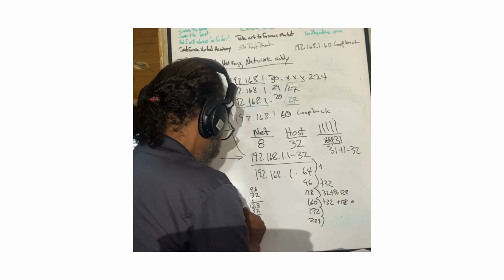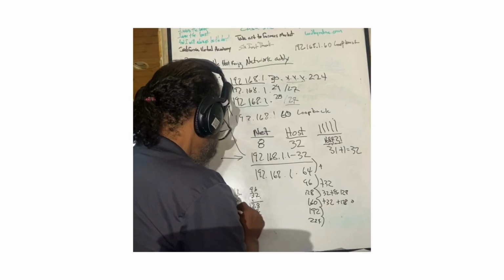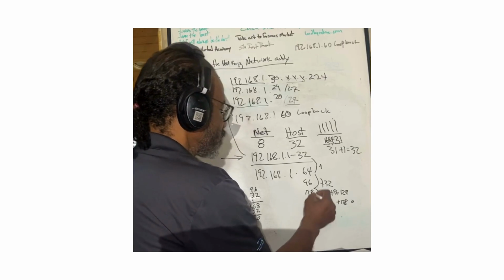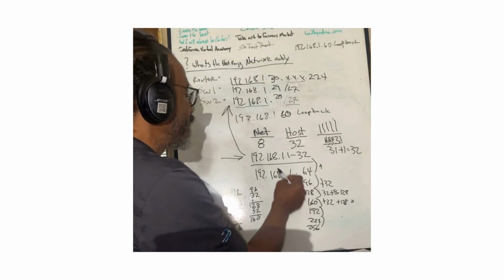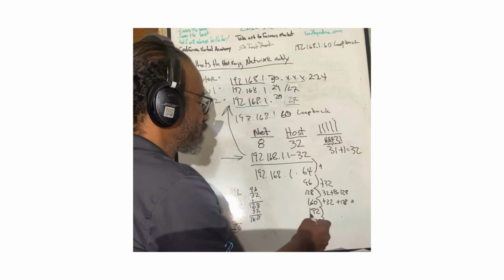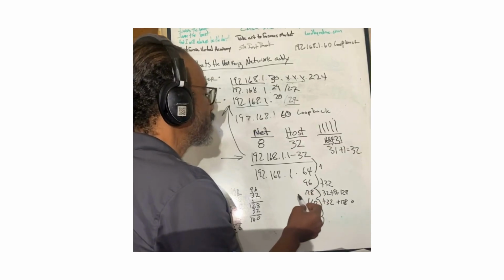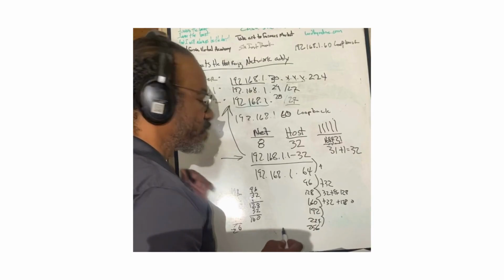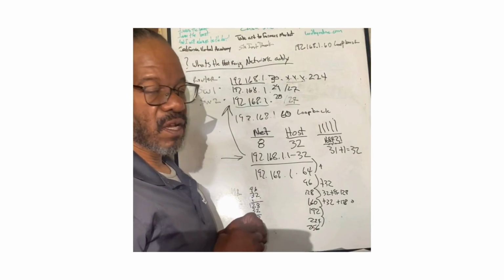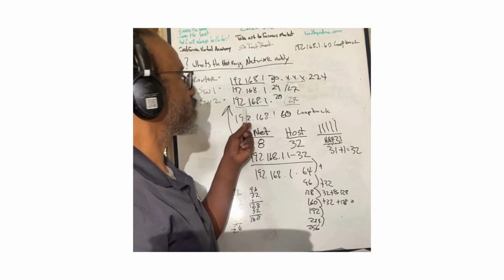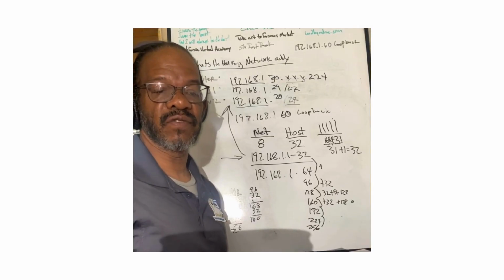And then 224 plus 32 is 256. So that would be your 8 nets with 32 hosts per net. And that's how you would figure out what host range these particular IP addresses live in.